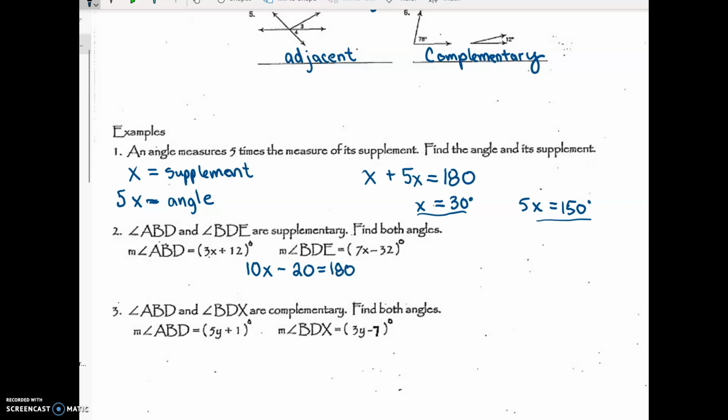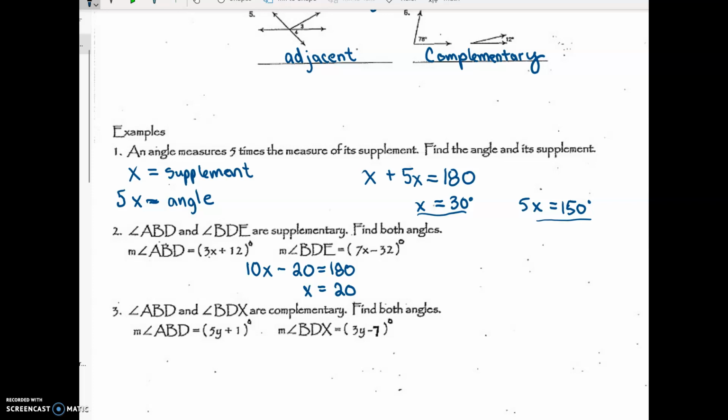So from that point, we can add the 20 and divide by 10. So we end up with x is 20. And then from that point, we can plug that in, because we have to find both angles.